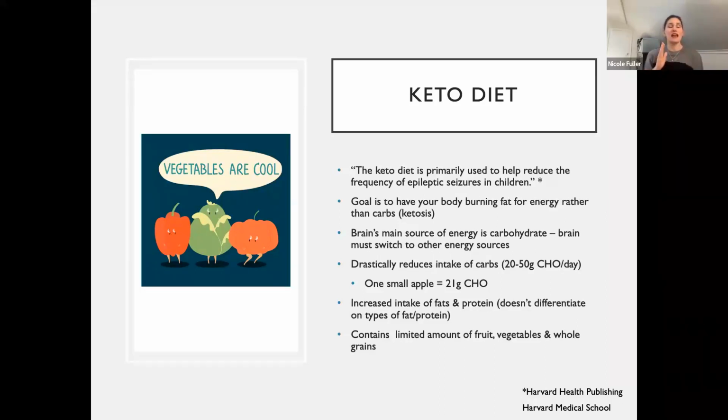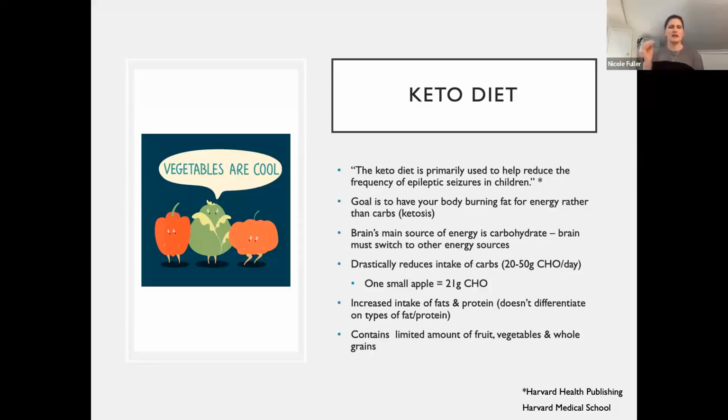And I want to start out by saying that years ago, when I started working at the hospital nearby, I was always scared of someone coming in on the keto diet. It was usually meant for children who had a specific type of epilepsy, and they were put on the keto diet to help control the seizures.